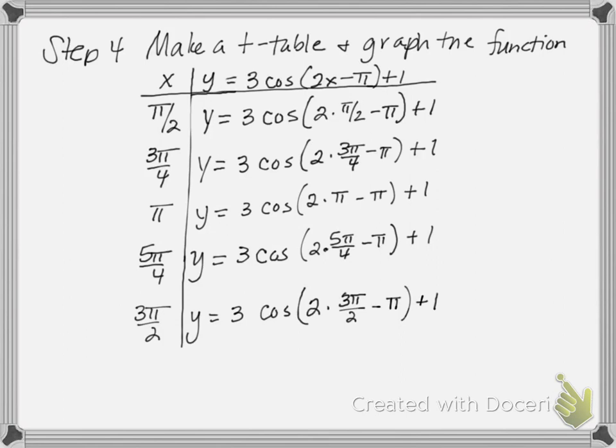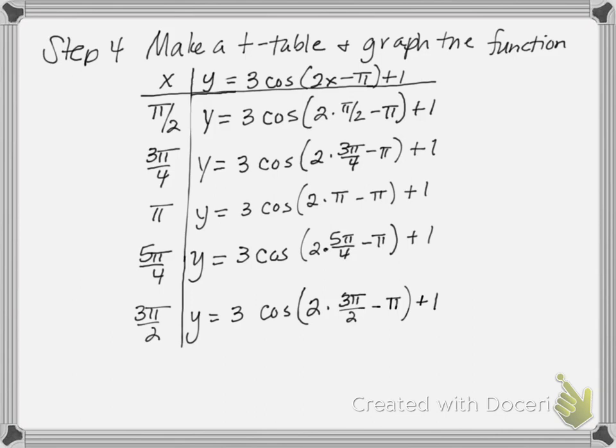Okay, step 4, we're going to make a t-table and graph the function. So I'm substituting pi over 2, 3 pi over 4, pi, 5 pi over 4, and 3 pi over 2 in for the x in the equation y equals 3 cosine(2x minus pi) plus 1. If I substitute pi over 2 for x, I'll have 3 cosine of (2 times pi over 2 minus pi) plus 1.